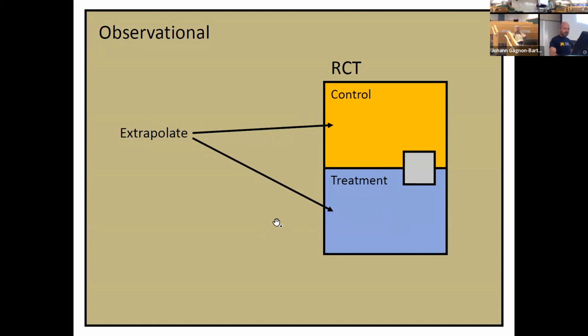Then, using this kind of leave-one-out approach, we essentially recalibrate those predictions. This is mainly going to be an issue if the people in the RCT are systematically different than the people in the observational data. But using everybody except for i, we can recalibrate those control outcome predictions, and using everybody except for i, we can recalibrate those treatment predictions when predicting the outcomes of person i in the RCT. So that's the basic idea.